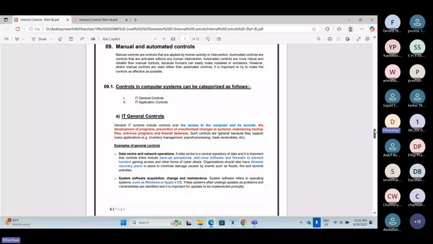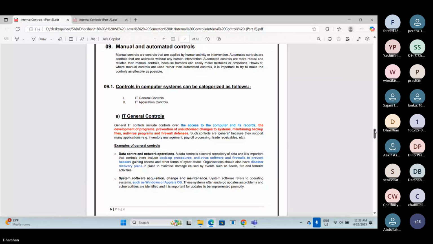That's called a general control. If you put a number password to unlock your phone, then that number password will be applicable to all applications inside it. That number password will be applicable to the entire phone, including the applications available in the phone.